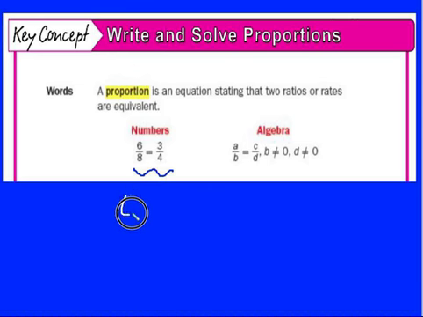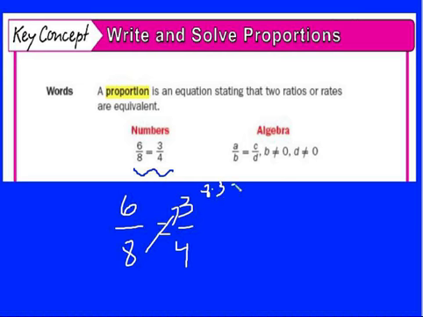And again, I could go back to that cross products idea, 6/8 and 3/4. If I were to cross multiply, going up this way, 8 times 3 is equal to 24. And going down this way, 6 times 4 is also equal to 24. Okay, so let's keep moving with this.